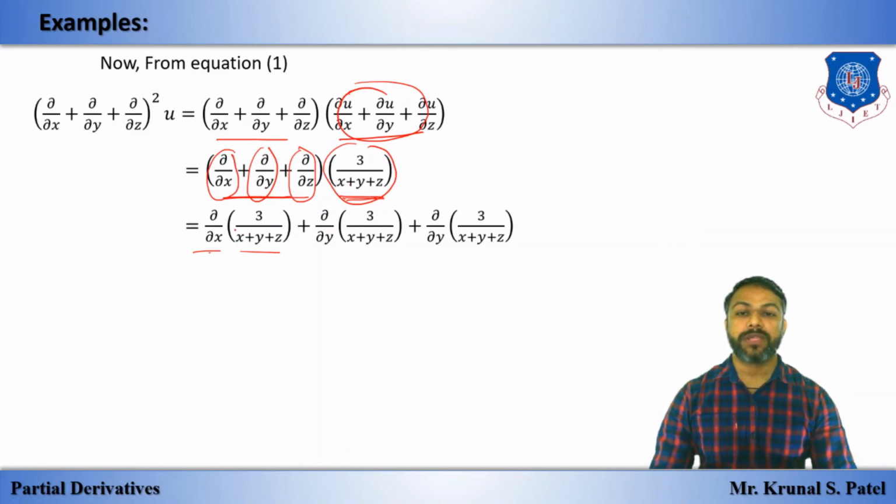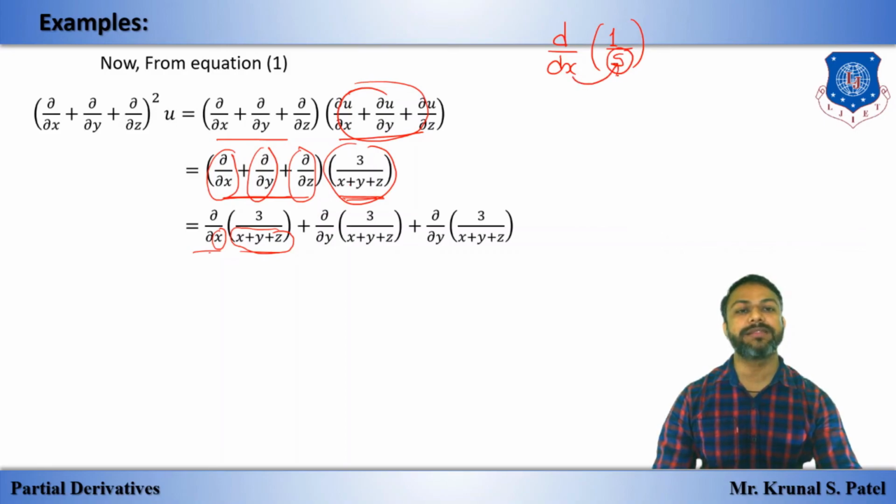Whenever we are differentiating with respect to one variable, and that variable occurs only in the denominator, not in the numerator, then you can apply this rule: d by dx of 1 upon something, where that something contains the variable, is minus 1 upon something whole square into d by dx of something.